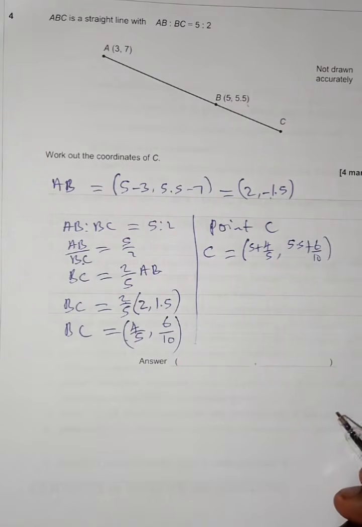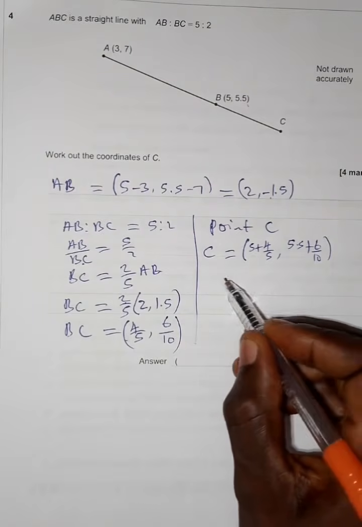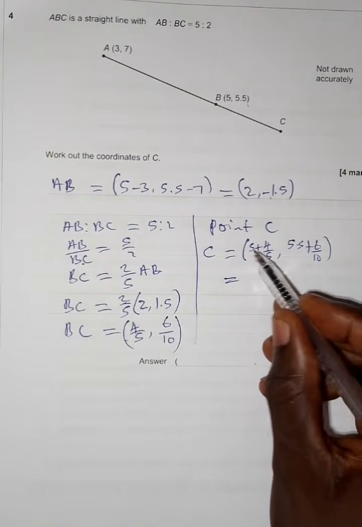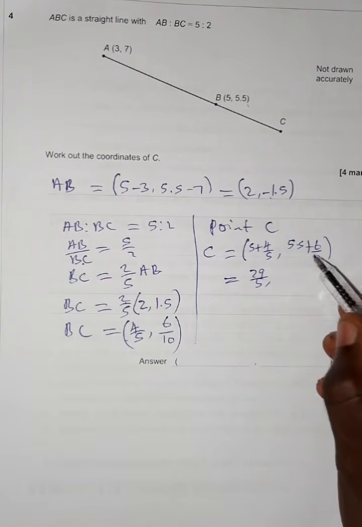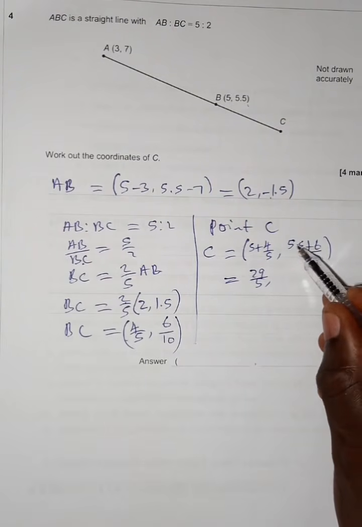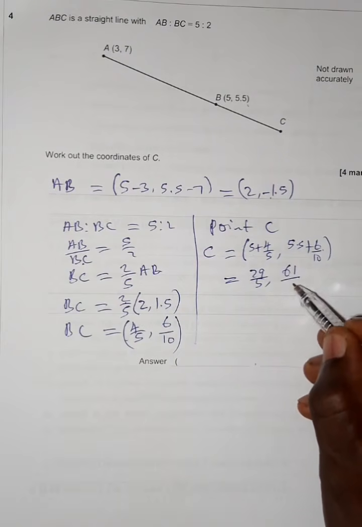So in this case, we multiply, then this is 25 plus 4, which is 29 over 5 in bracket, comma. Also, this is 55 plus 6, which is definitely going to be 61 all over 10.